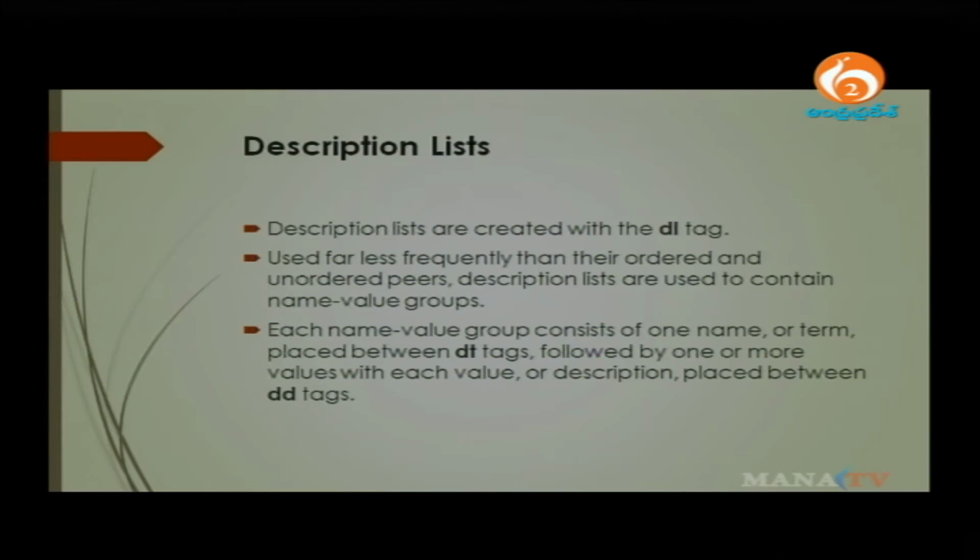Each name value group consists of one name or term placed between the DT tag, followed by more values. Suppose we want to write a table of contents with two levels of hierarchy: one name and under that four or five items, then another name and under that four or five values.